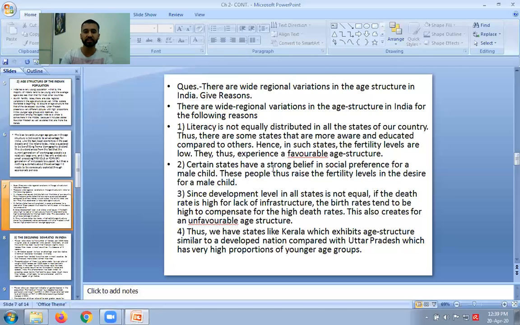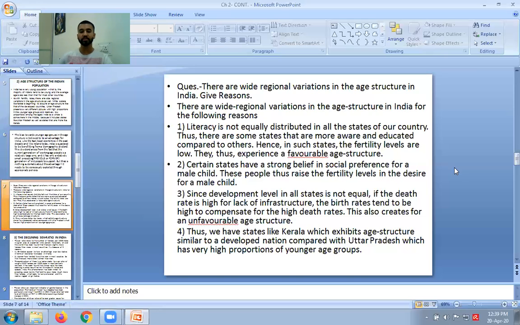The second reason is that certain states have a strong belief in social preference for a male child. These people thus raise the fertility levels in the desire for a male child. Look what happens. In certain states, the mindset of people is like that. They want to have a male child, right?